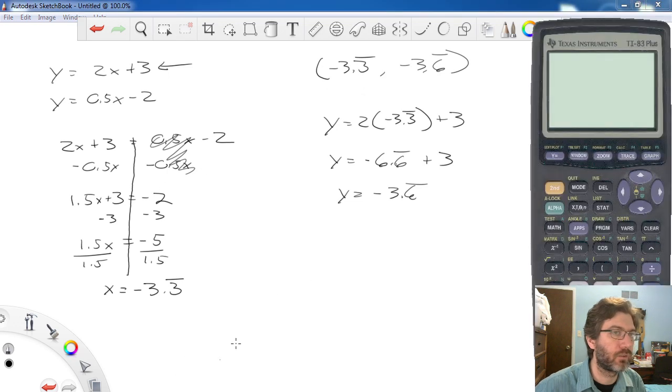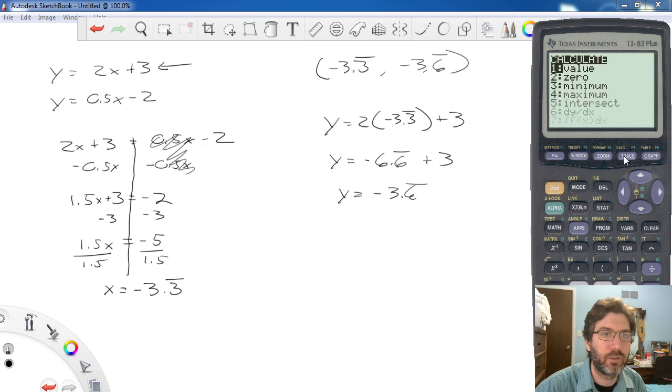Let's go ahead and check it. Turn that on. Y equals, get rid of that, get rid of that. Here we have 2x plus 3 and 0.5x minus 2 graphed.